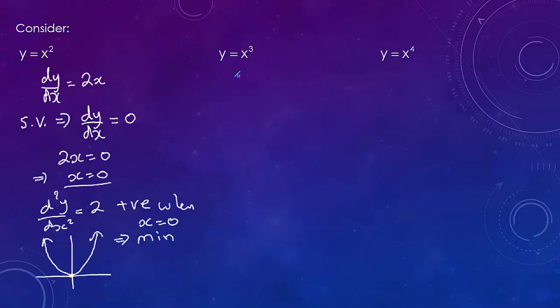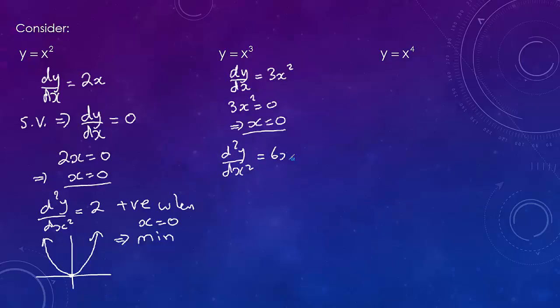Let's try and do the same thing with x cubed. So dy dx is equal to 3x squared. Let's put 3x squared equal to 0. Once again, that means that x equals 0. It's the only solution to that. Let's do the second derivative, d2y dx squared.